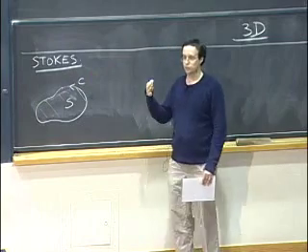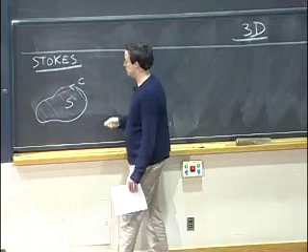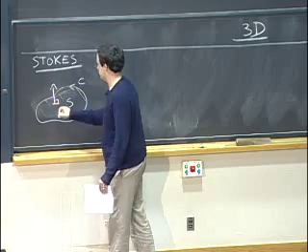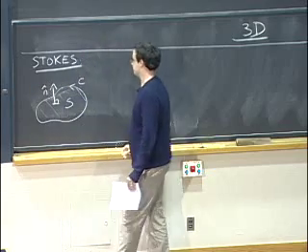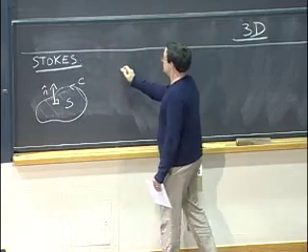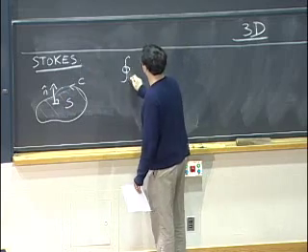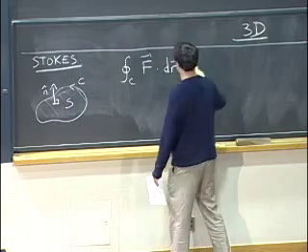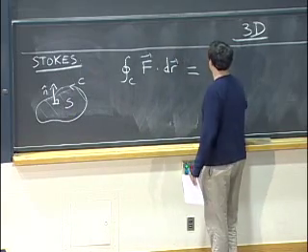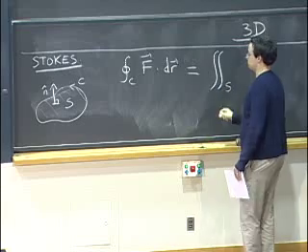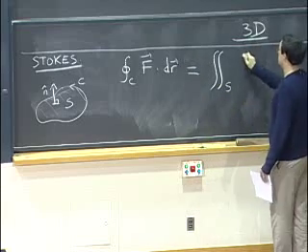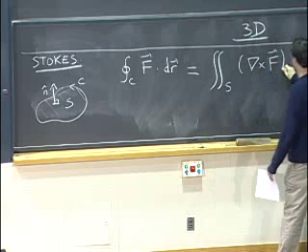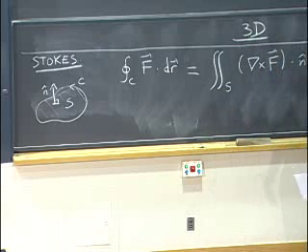Remember, we've seen this right-hand rule for choosing how to orient the surface. I believe in this case, if I take C like that, then the normal vector has to go up. And then it tells me how to compute the work done by F along C. Namely, that becomes the double integral over that surface S of curl F, which I will write as del cross F, dot n dS.